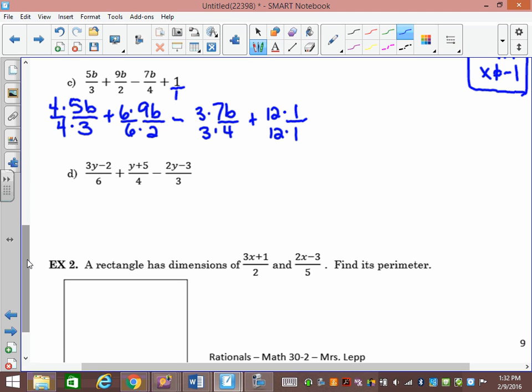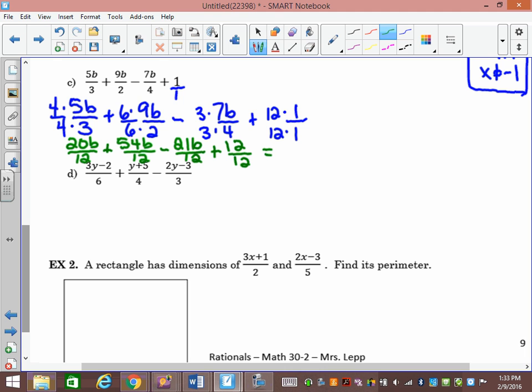So on the top, I have 20b over 12 plus, what's 6 times 9? 54b over 12, minus 21b over 12, plus, what do we end up with? 12 over 12, right?